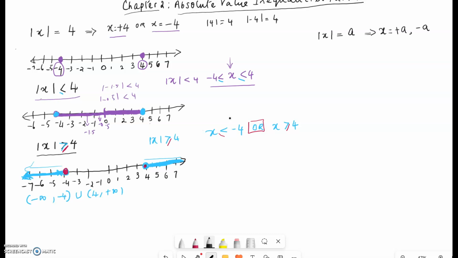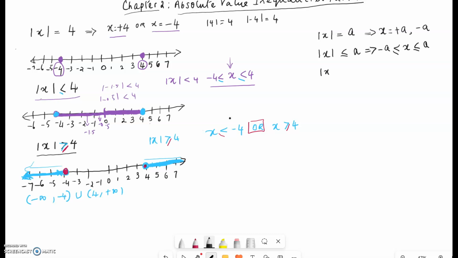Now that's an equality, but now let's look at an inequality. If absolute value of x is less than or equal to a positive number a, then we can say that x lies between, with the inequalities in the same direction, -a on the left because it's smaller and +a on the right.